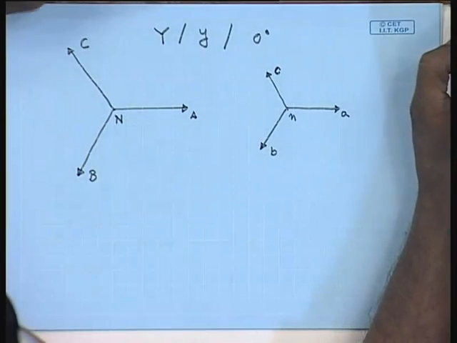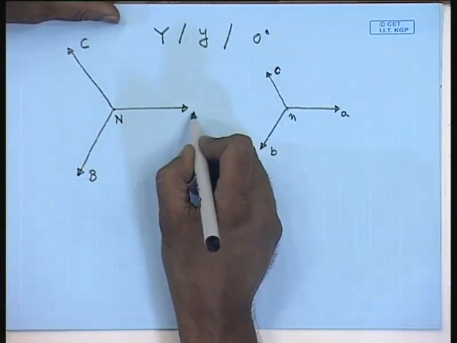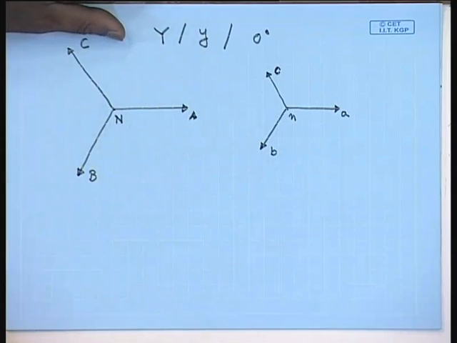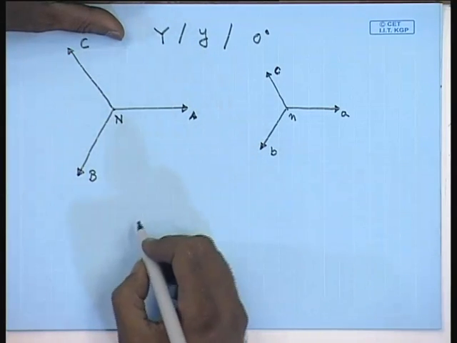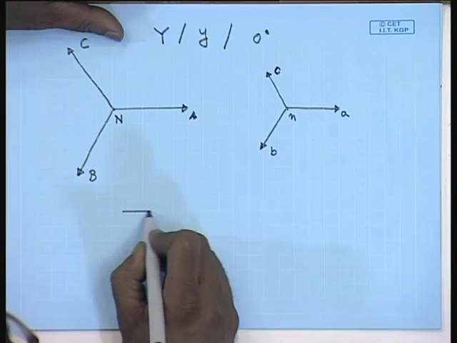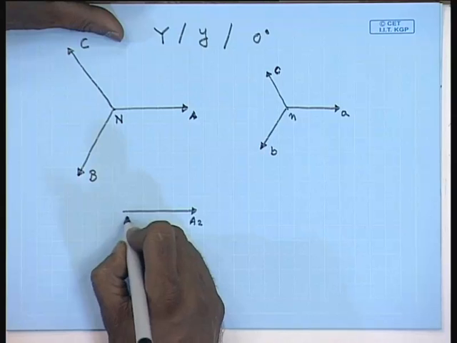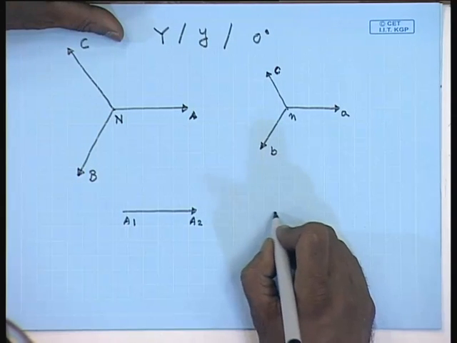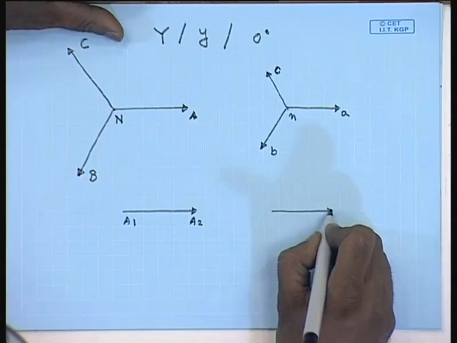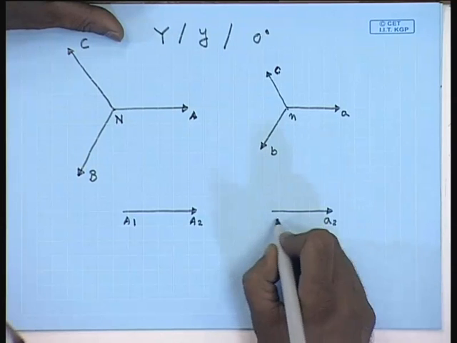Now, let us say this A is actually the voltage phasor A2 A1, and on the low voltage side this voltage phasor is between small a2 and small a1.